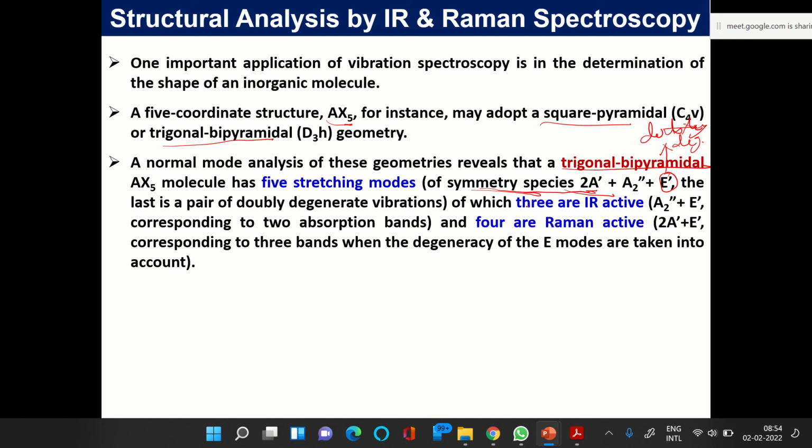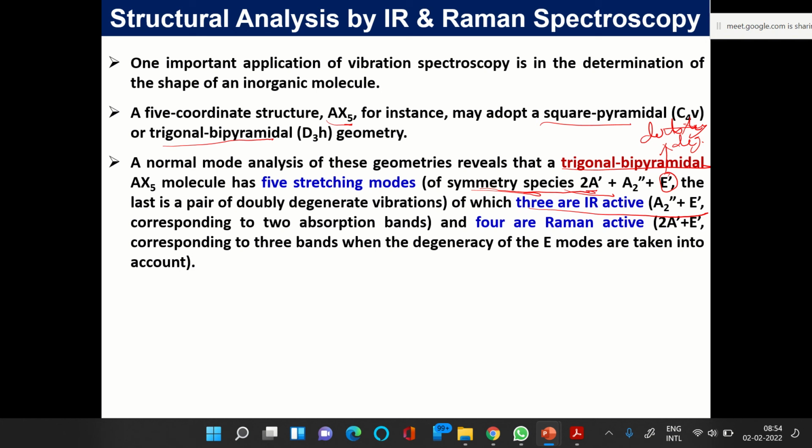3 are IR active. IR active means there should be a dipole moment change, whereas for Raman activity you need a change in polarizability.